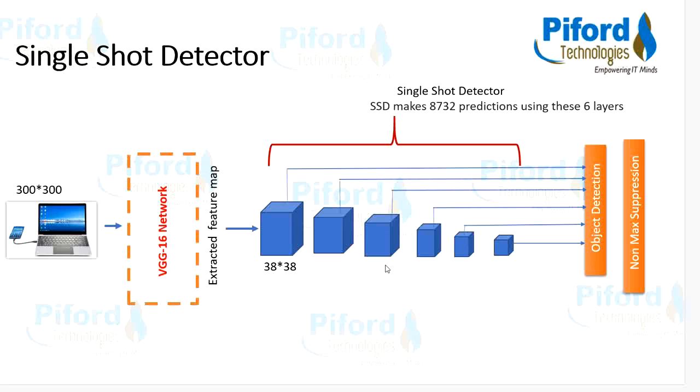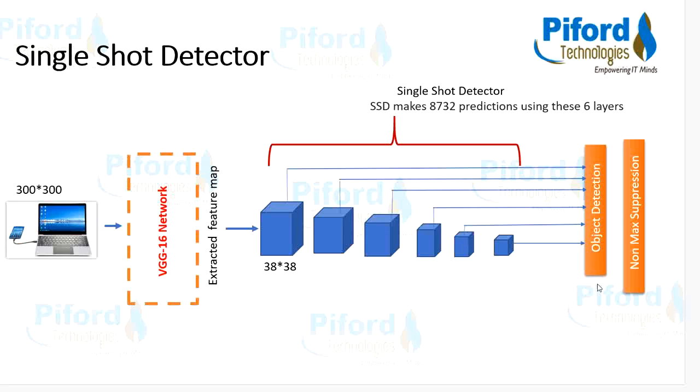That simply means for every object SSD will predict 8732 bounding boxes.